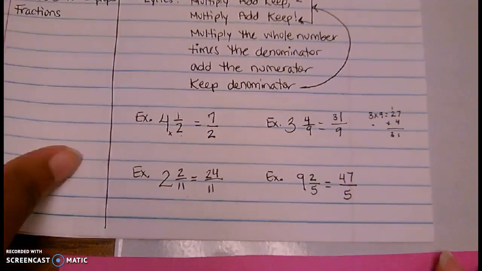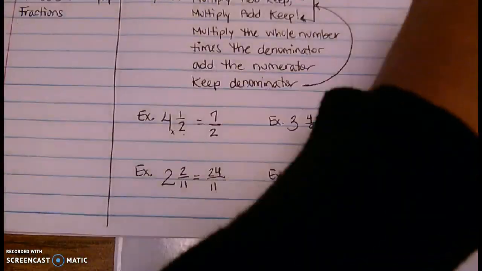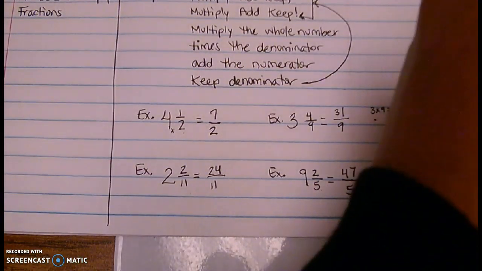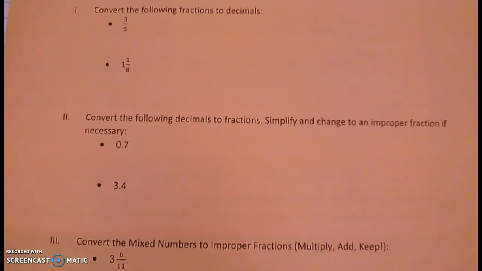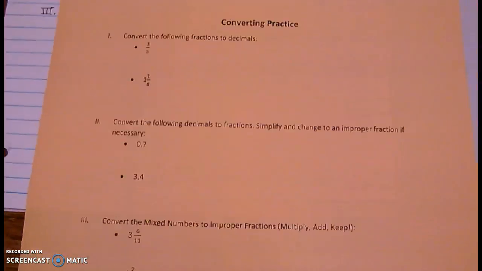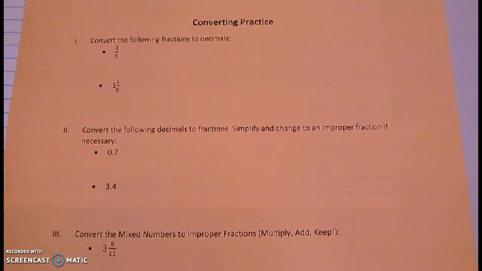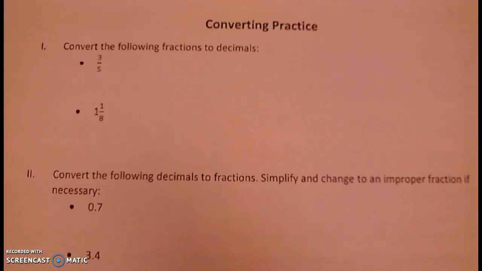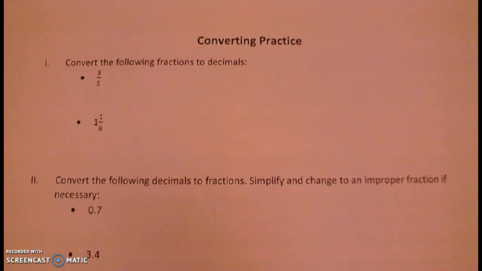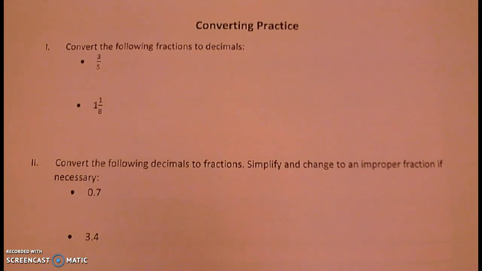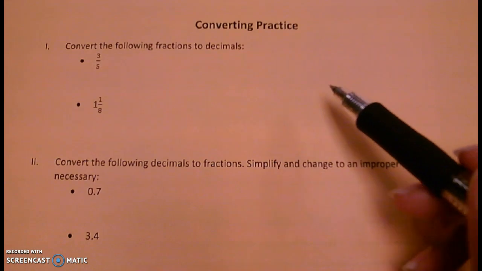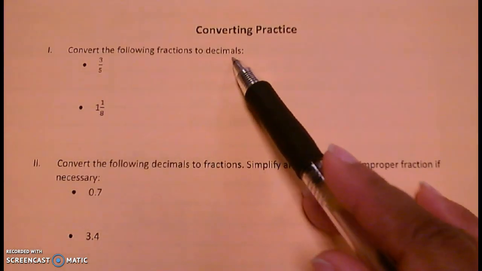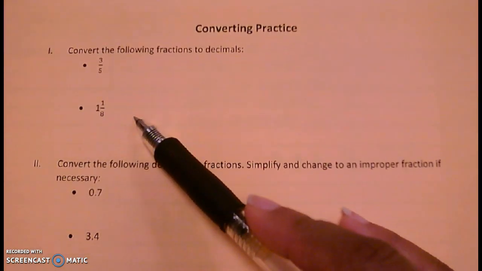Okay? Now that we're done with our notes, I want you on a separate sheet of paper to solve the following problems. Okay? First, you're going to convert the following fractions to decimals, showing all your work.